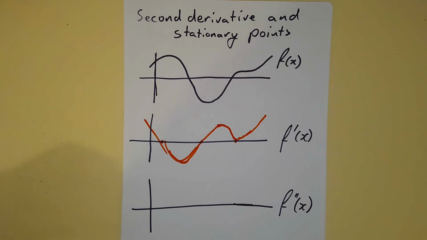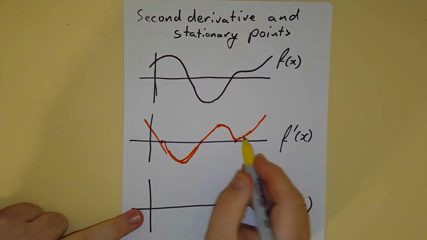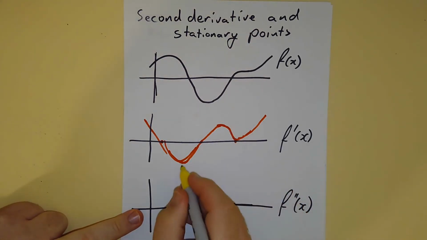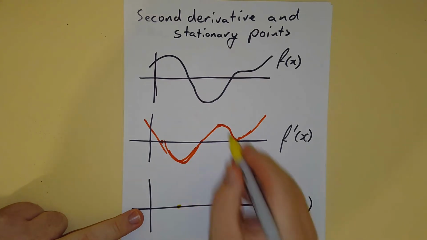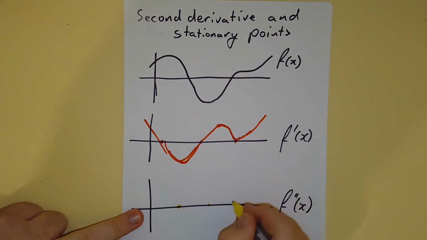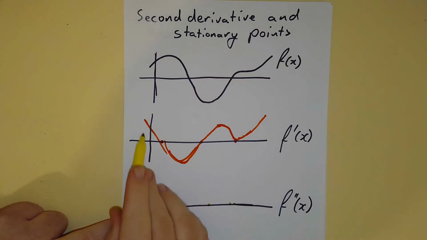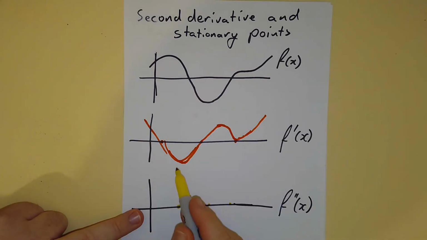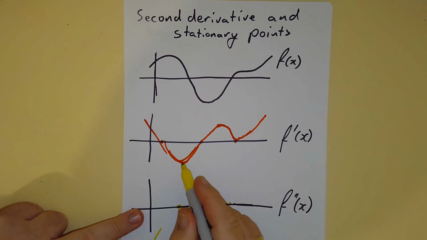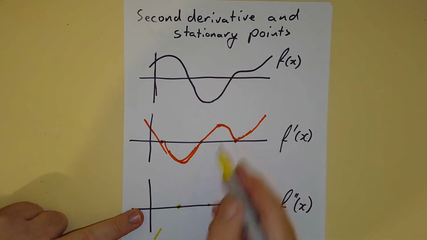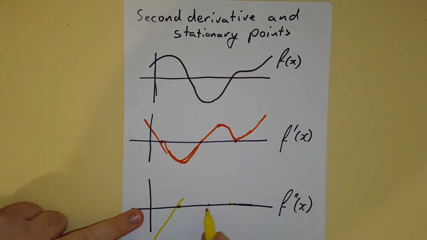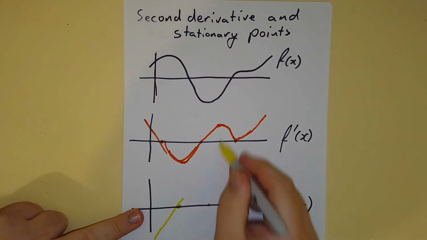Now my second derivative, well, the stationary points here are going to be zeros on this one. So I've got a stationary point there, a stationary point there, and a stationary point there. My second derivative is going to be negative to start with, comes up to this point here, becomes positive, comes to this point here.